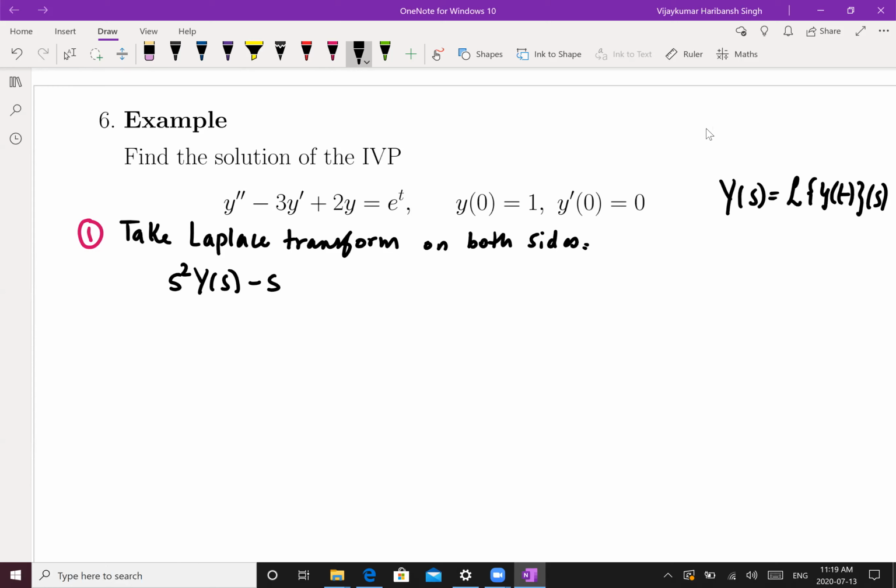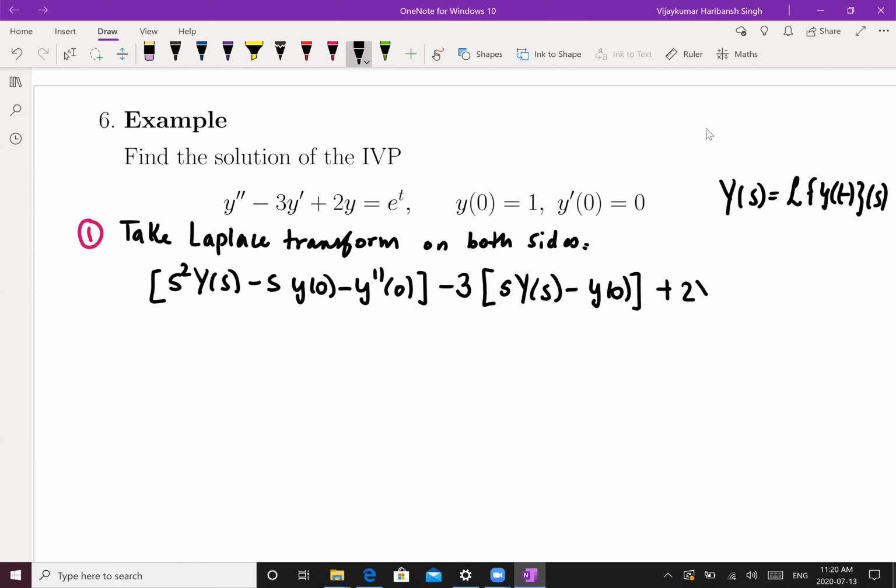Minus s times y of 0 minus y prime of 0, minus 3 times s Y of s minus y of 0, plus 2 Y of s equals the Laplace transform of e to the power t. So now we simplify. So this will become s squared Y of s.